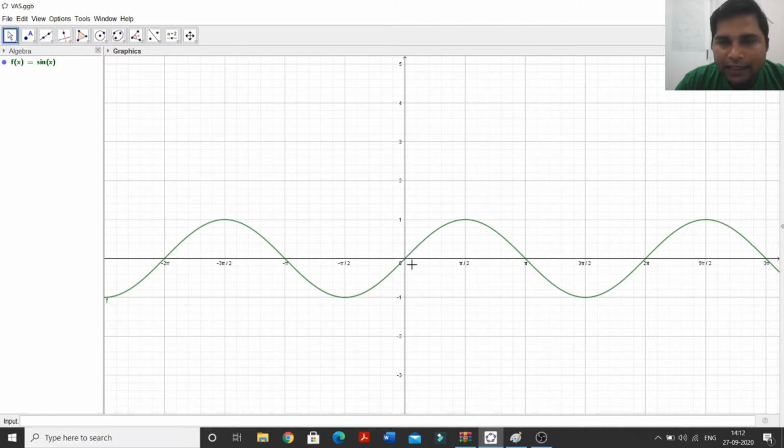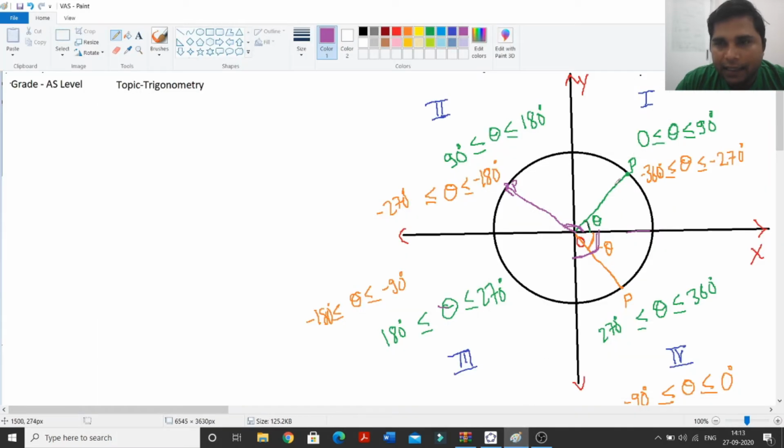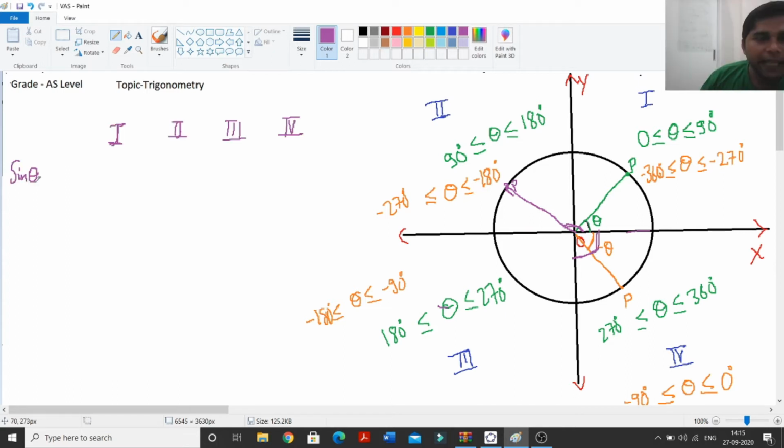As you can see, the sine is above the x-axis, meaning positive, between 0 and 180 degrees, and between 180 to 360 degrees it is negative. So it means that sine theta will be positive in the first and the second quadrant, and in the third and the fourth quadrant sine will be negative.